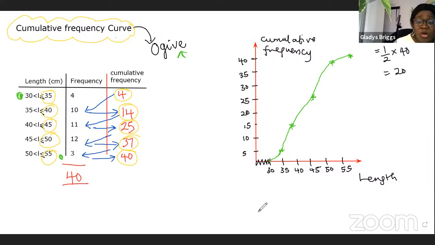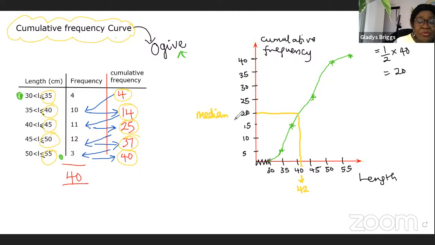Now you're going to come off to where it shows 20 on your cumulative frequencies. You're going to come right there, follow that up to your graph, and then follow it all the way down and write what you get there. So for me, my median looks like it's 41 or 42. So I'm going to put down 42 for my median.